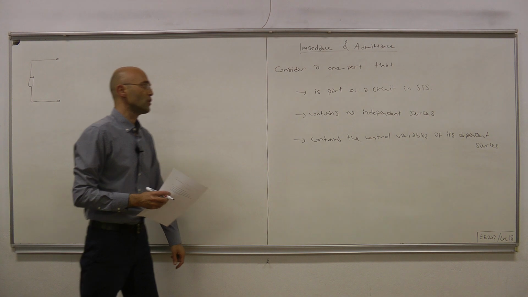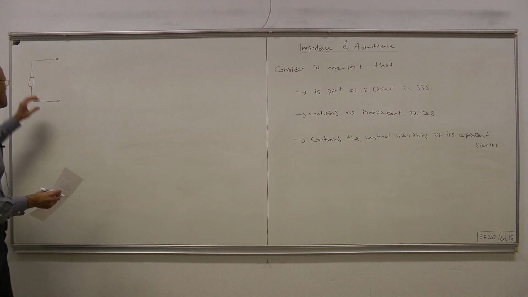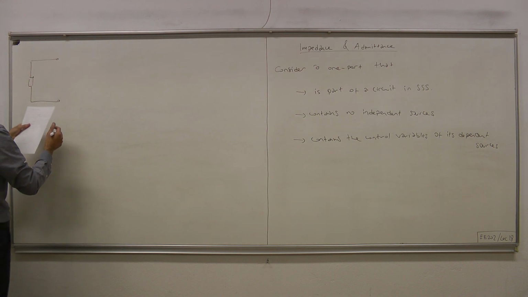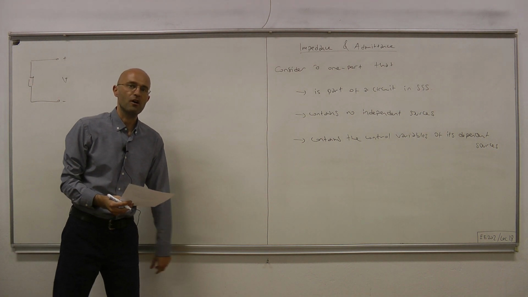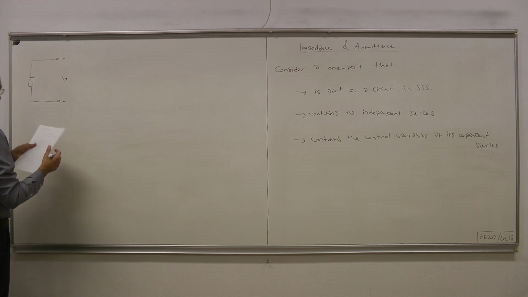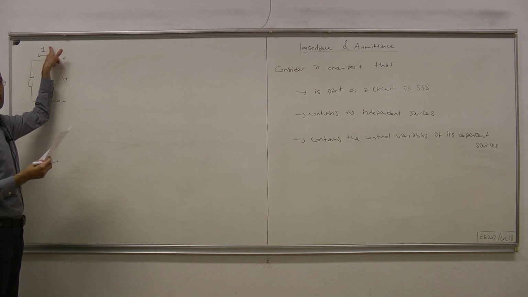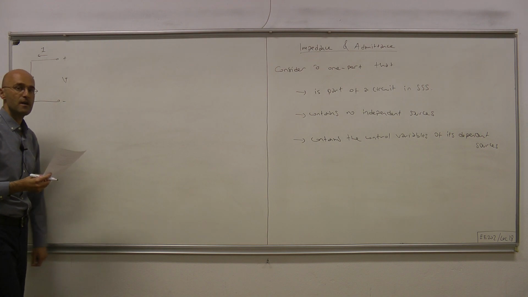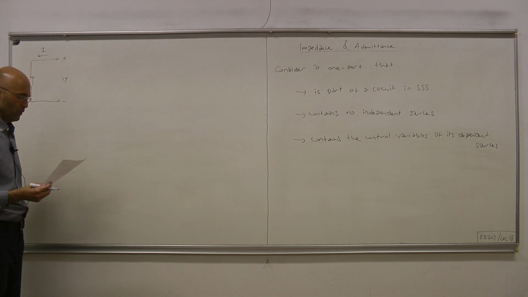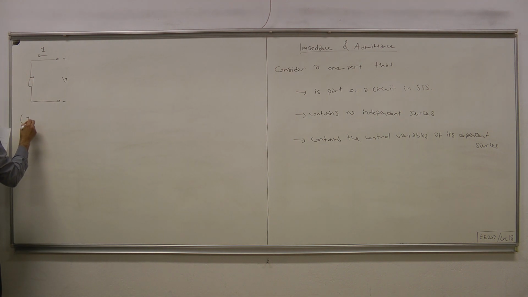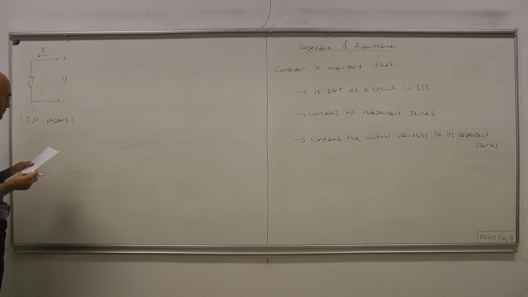The one-port contains no independent sources, and if there are dependent sources, all the control variables are also within this box. Now, let's directly express voltage and current in terms of their phasors. This is V and this is I: the phasor of the current associated with this one-port and the phasor of the voltage that appears across the terminals of our one-port. I and V are the phasors.